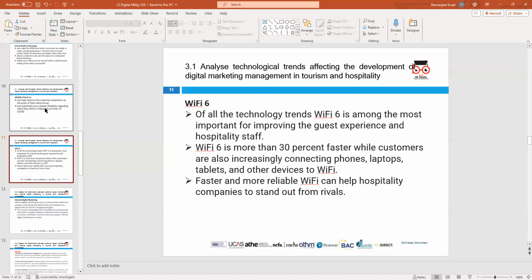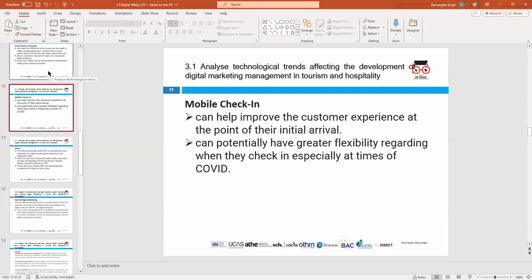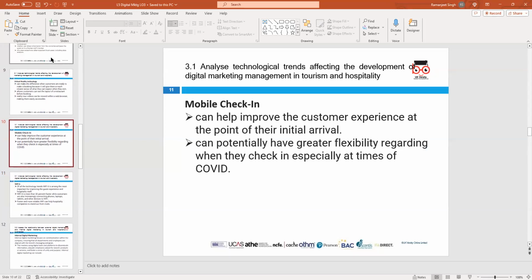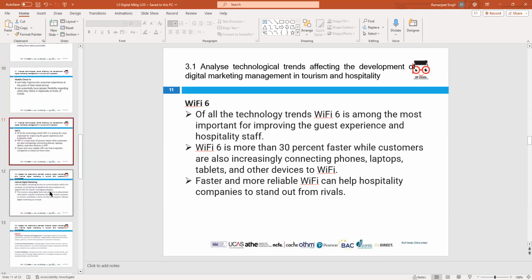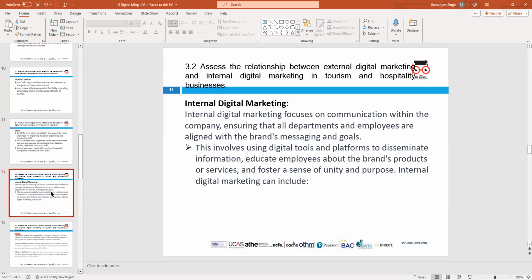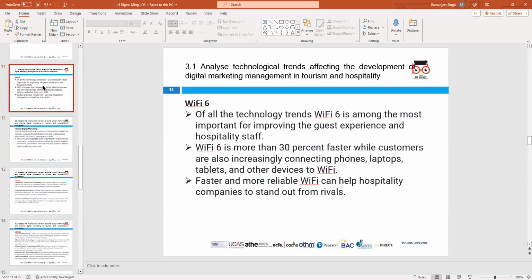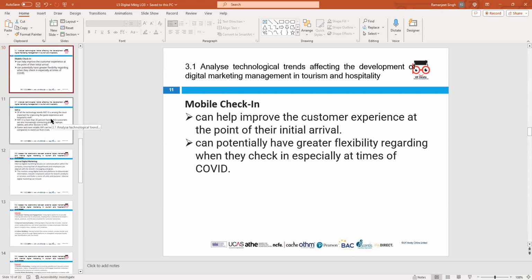It has affected the hospitality trade tremendously, by contactless payment, by Wi-Fi, by mobile check-in, by virtual technology, by the internet and so on. This has been experienced over the years, because of the rise of technology during COVID and other seasons, and the faster and better communication systems have affected all this trade. So it's very important that you are aware of these trends.